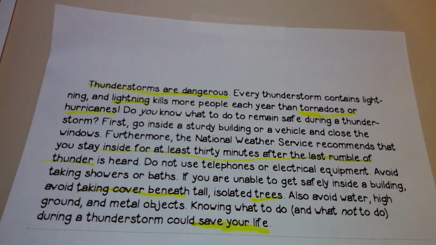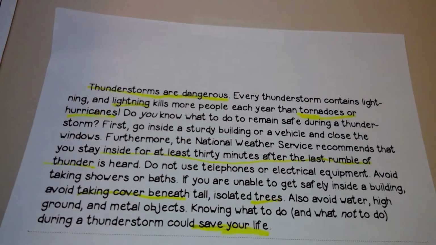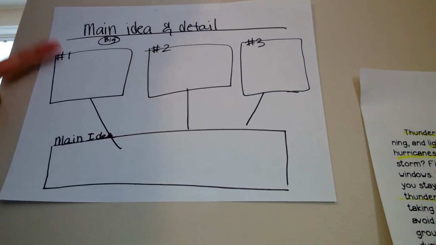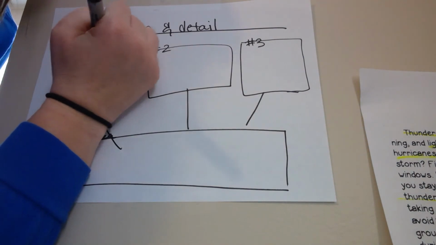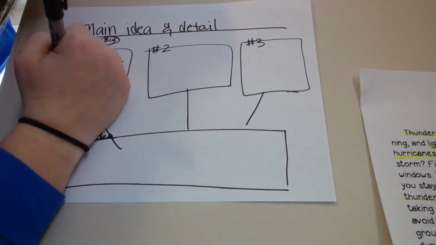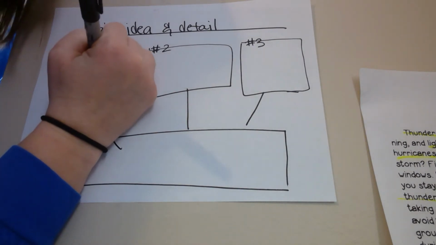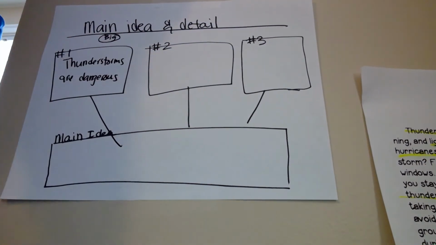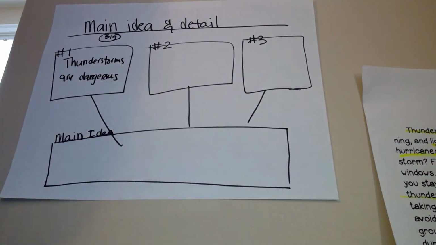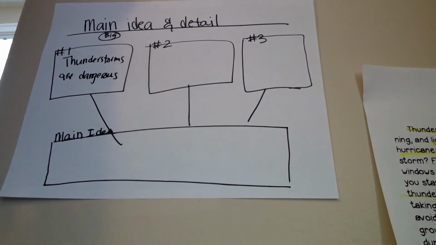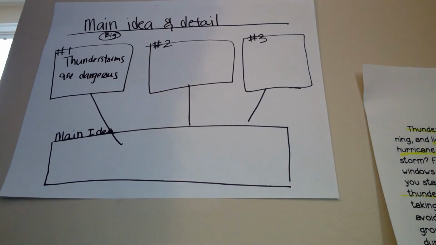Let's take these details together and see if we can come up with a main idea. So one of the things I remembered reading about was that thunderstorms are dangerous. Now there were a lot of sentences in that paragraph, so technically all our 3 details wouldn't have to be exactly the same because we could have picked out different details from this and still get a similar main idea.